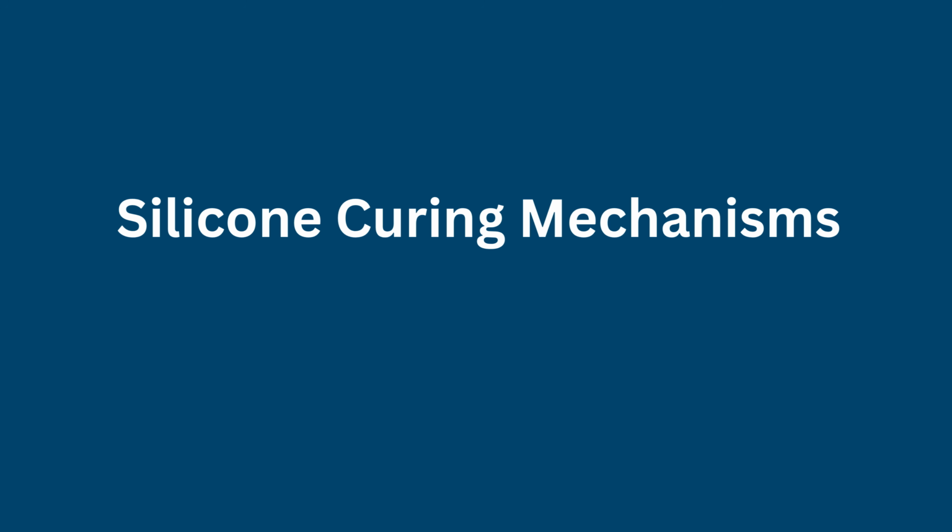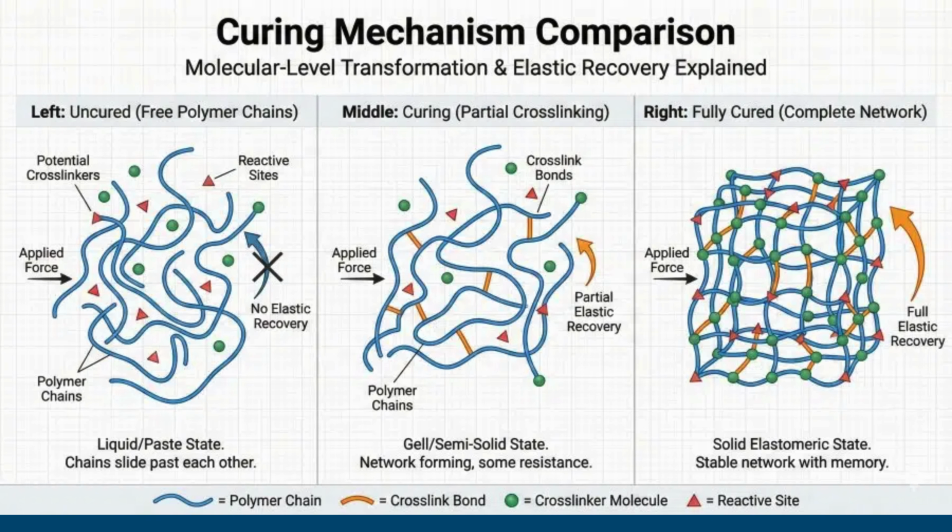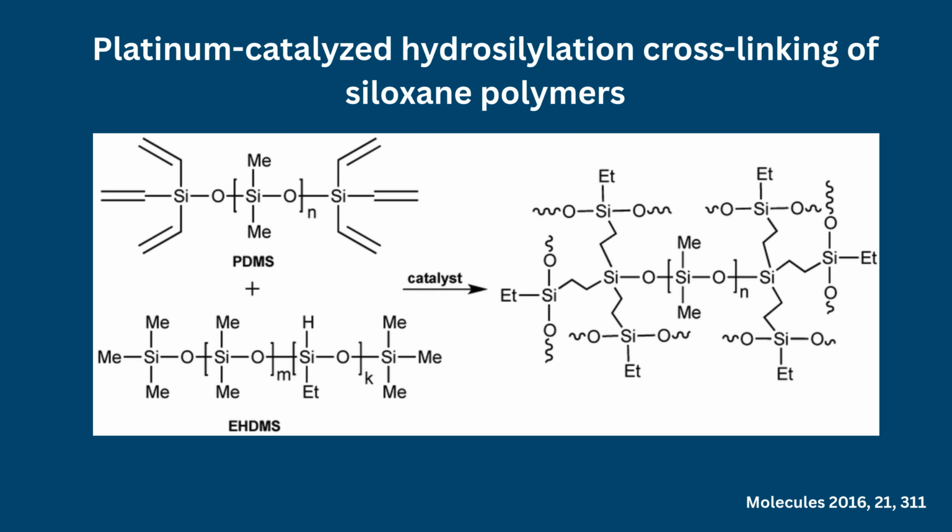Silicone curing mechanisms. Commercial silicone molding materials are broadly categorized according to their curing chemistry. Addition-cure, platinum-catalyzed silicones employ hydrosilylation reactions between vinyl functional PDMS and hydride functional siloxanes.